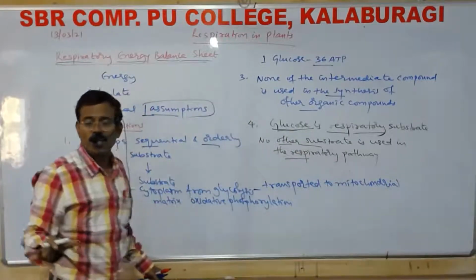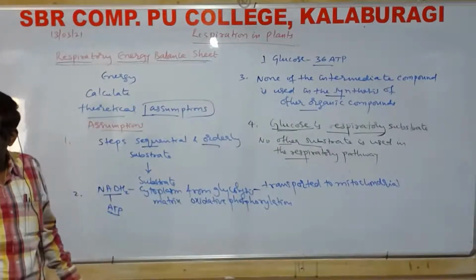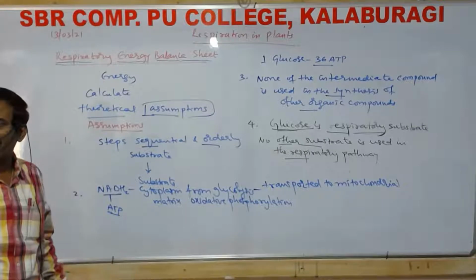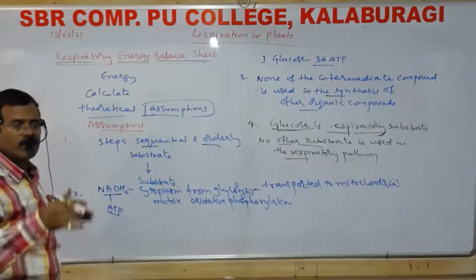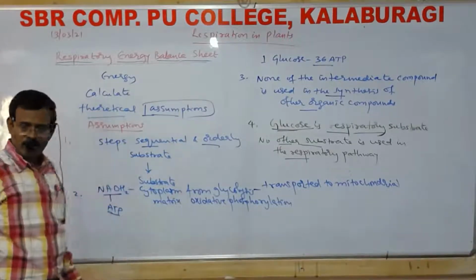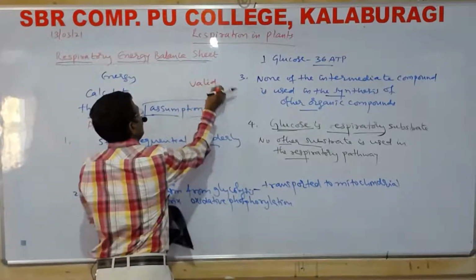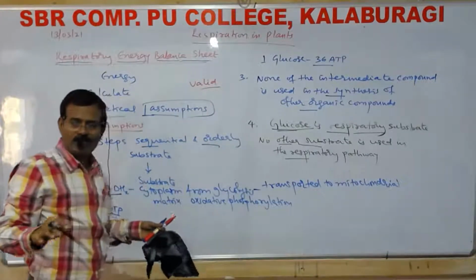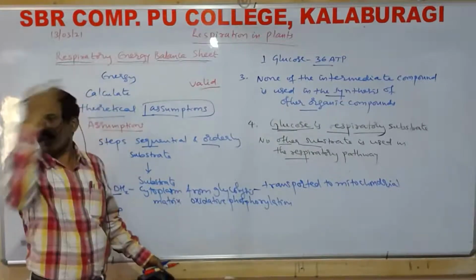So these are the four assumptions on which theoretically we can calculate the number of ATP released from a commonly used respiratory substrate, that is glucose. These assumptions which have been made are not valid. They are not valid because all these steps can occur simultaneously, not one after the other.